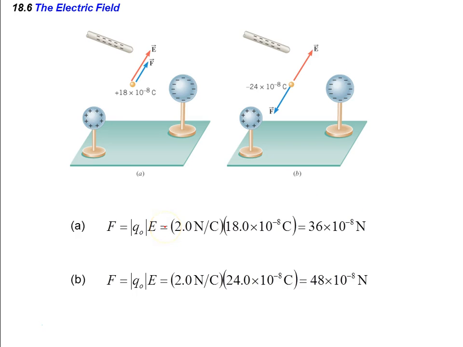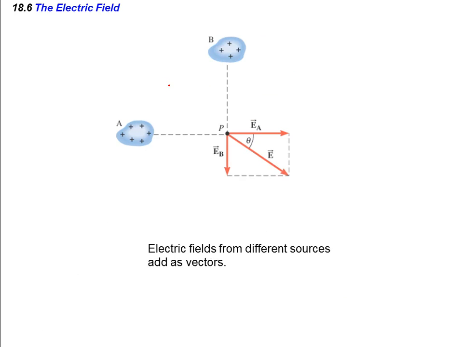We can find the force by taking the test charge times the electric field, and this gives us the magnitude, keep in mind. If we want to look at the direction, we have to look at what's the charge. This is positive, so positive is going to go in this direction. This is negative, so negative is going to go in this direction. And so we say the field lines are oriented in the direction a positive particle would go.